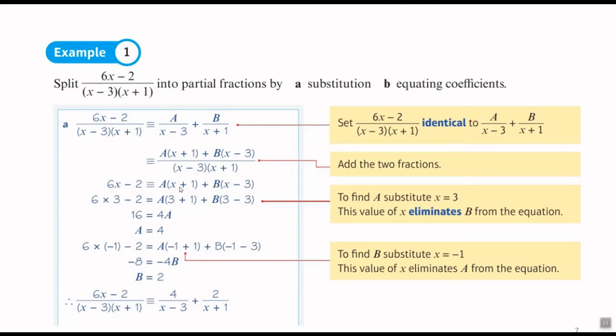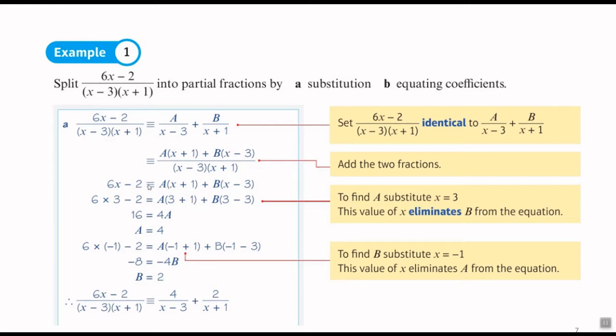Right. So first find a. To find a, substitute x equal 3. Take this identity and substitute x equal 3. So 6 multiplied by 3 minus 2 equal. If you substitute a value into this identity, you need to change the identity sign into an equal sign.